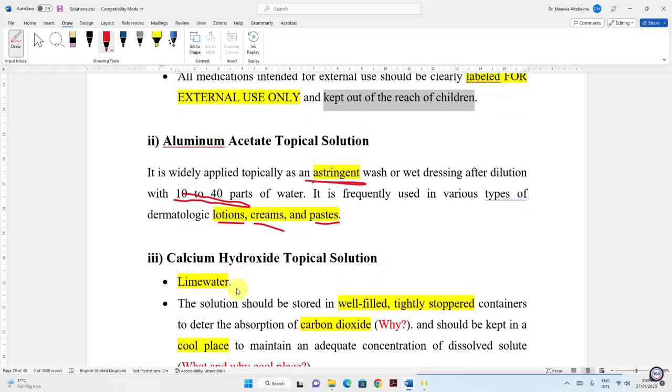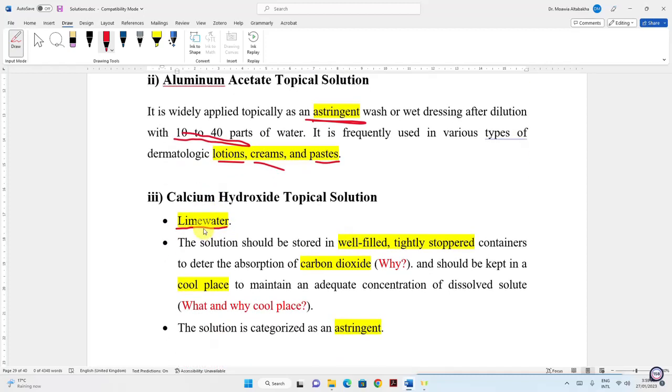Another similar product is called calcium hydroxide topical solution. The other name for it is lime water. Now, when you prepare this solution, there is a special way of preparation. You need a certain concentration in this solution, and this concentration is the saturated concentration, meaning the maximum concentration in water.